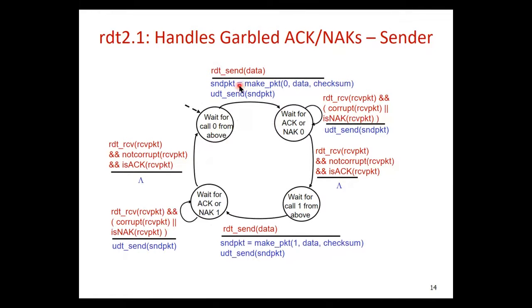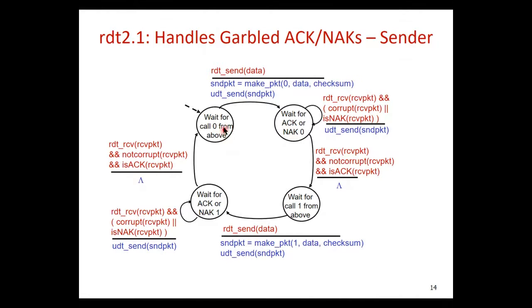Okay, so if we compare with the previous case, 2.0, essentially we have that additional state information, which is the sequence number that we're going to use next. And here we factor in that sequence number in the states of the FSM.